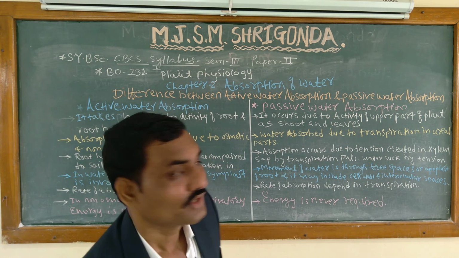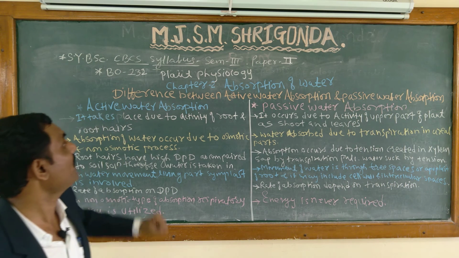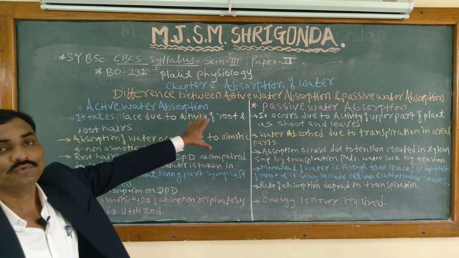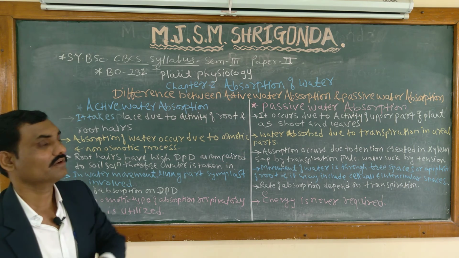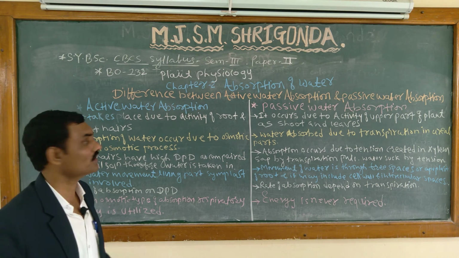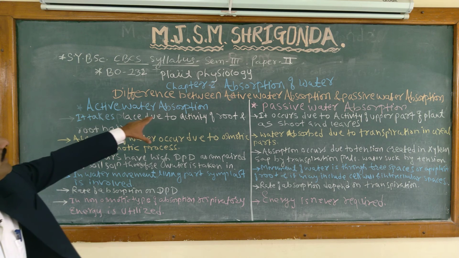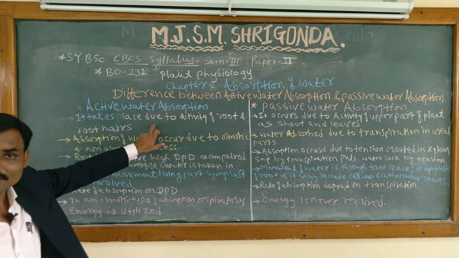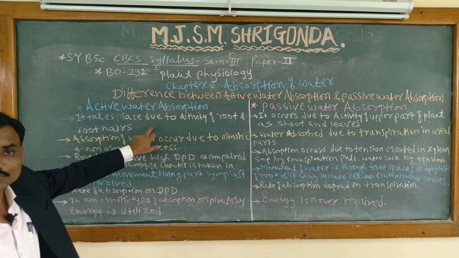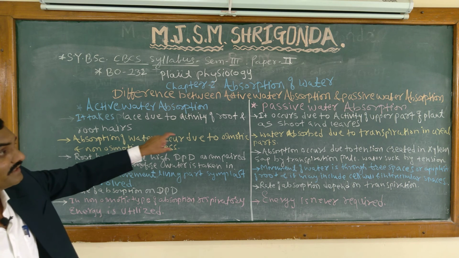In this way, today we have learned about the difference between active water absorption and passive water absorption. We have shortly discussed some points. Active water absorption is due to the activity of roots and root hairs.